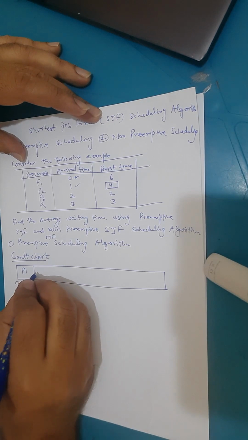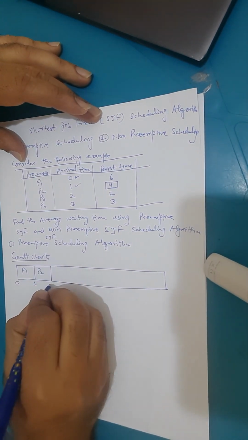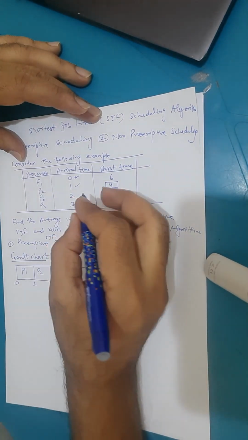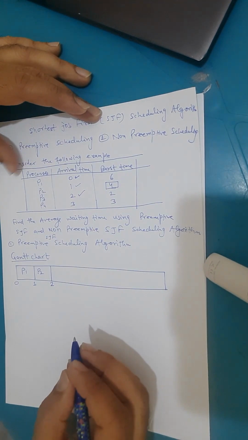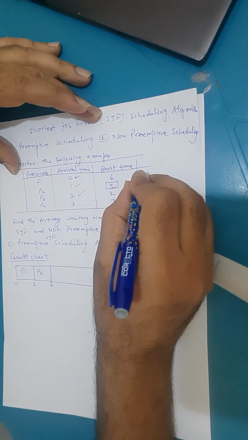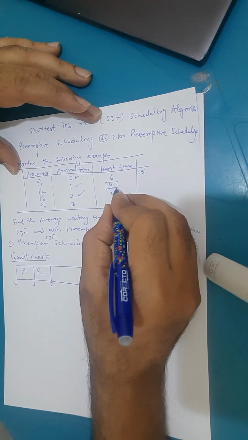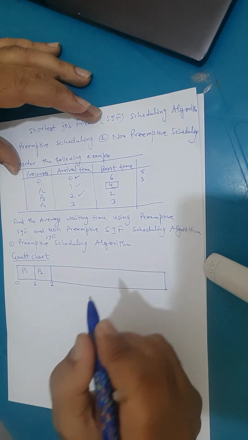So P2 will start to execute from 1 to 2, okay? Because at 2 another process enters into the system. So P1 executed one time, so remaining time is 5, and P2 also executed one time, so the remaining time is 3 now.